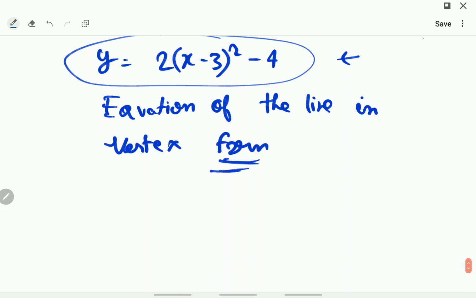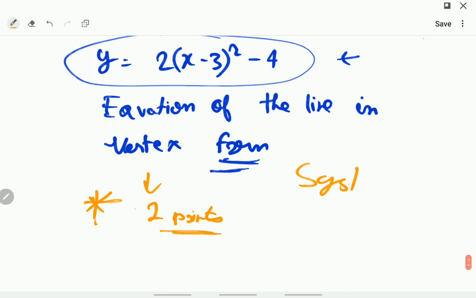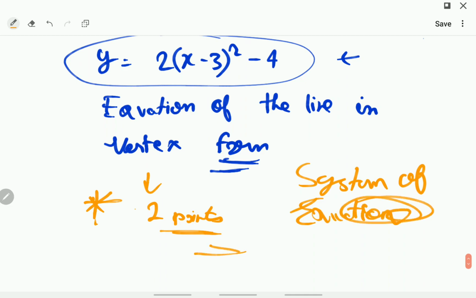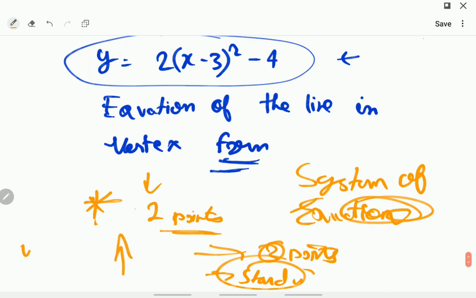Now, the interesting fact about this vertex form is that you can come up with the equation with only 2 points. In the test, if they want to make it harder, they can make you use a system of equations, so that you need at least 3 points, and you need to use the standard form of the parabola. Not hard, but this is way easier.